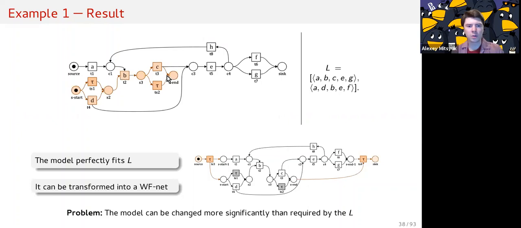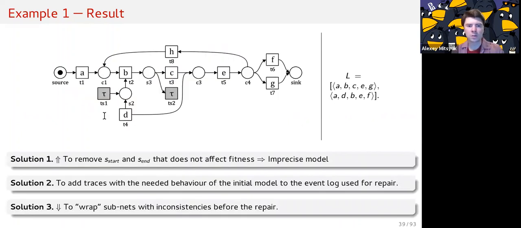This will not affect fitness of this modified model, but this modified model will be less precise, as these tau transitions at any moment are able to add tokens or remove tokens out of our process, our model.